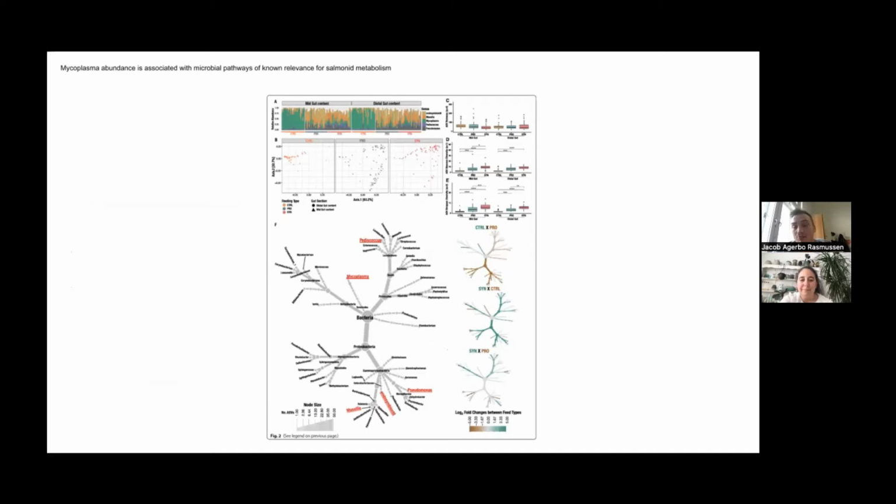In general, we were quite surprised because we figured out that in what we could call a naive system, like the control diet, it was highly dominated by one bacteria. But when we added these different diets, suddenly this dominance disappeared and other bacteria, most likely opportunistic bacteria, came in. So there was a huge shift in the microbiota.